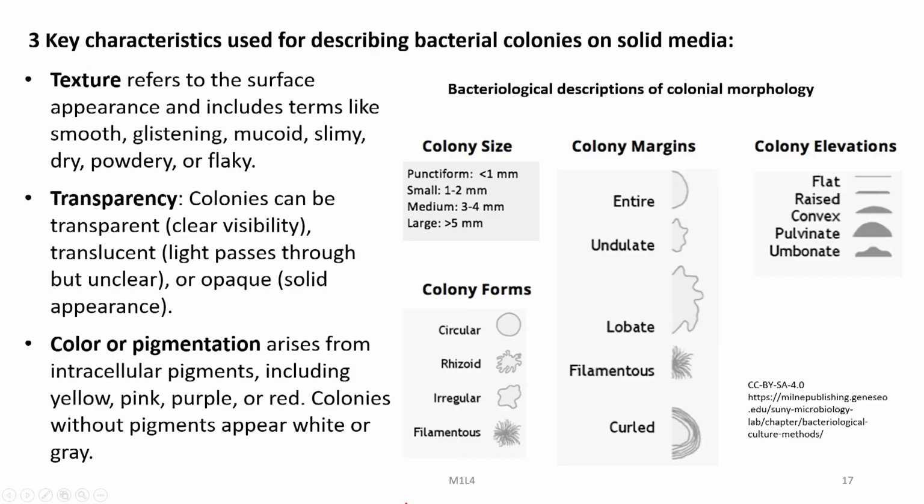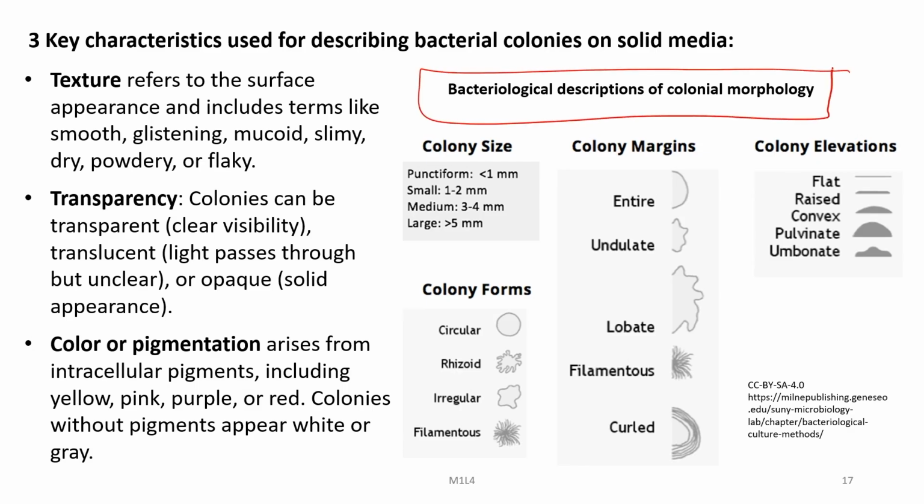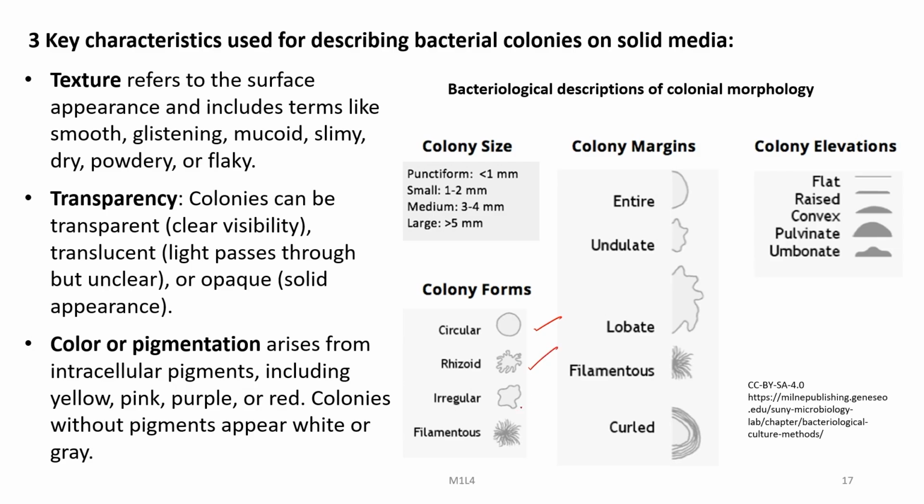So, let us see some of the bacteriological descriptions of the various morphologies of a colony briefly. So, you have this form which is circular, rhizoid, irregular, and filamentous.